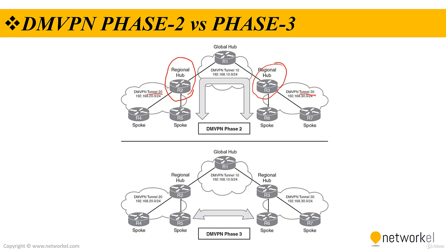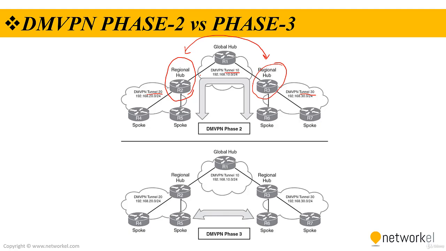And in here, connectivity between DMVPN Tunnels 20 and 30 is established by DMVPN Tunnel 10. You can see here we have DMVPN Tunnel 10, and connectivity between these different tunnels is over this tunnel.